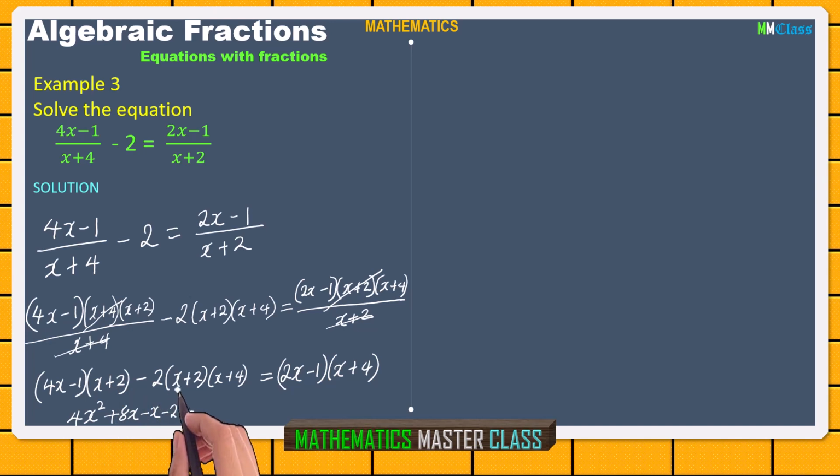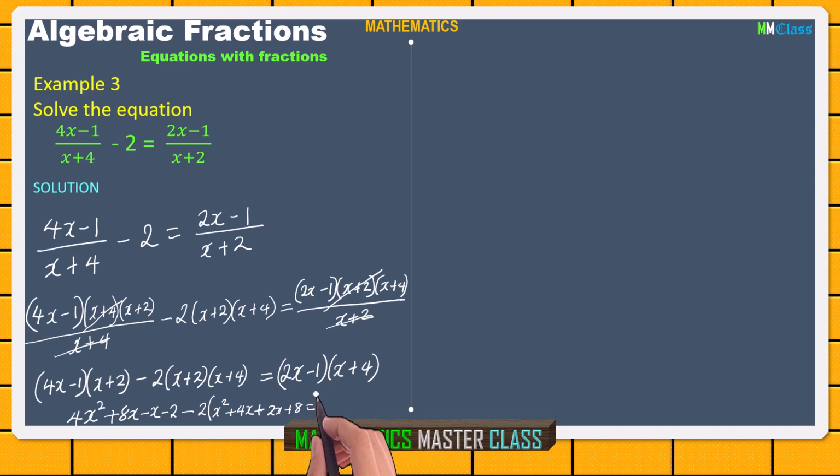Minus, we'll first of all expand the bracket. So we have 2, x times x will give us x squared. x times plus 4 will give us plus 4x. 2 times x will give us 2x. Then 2 times 4 will give us 8.